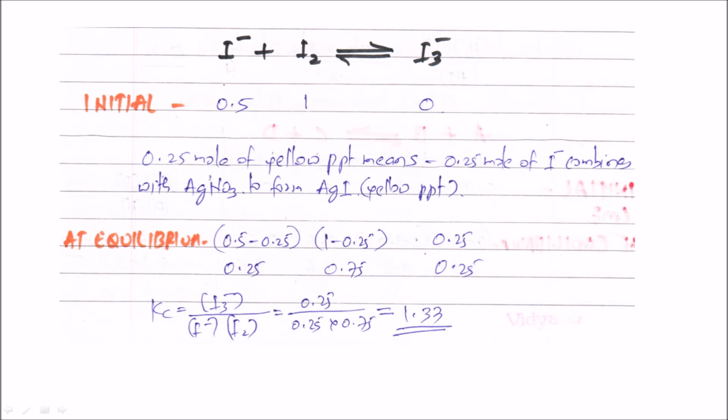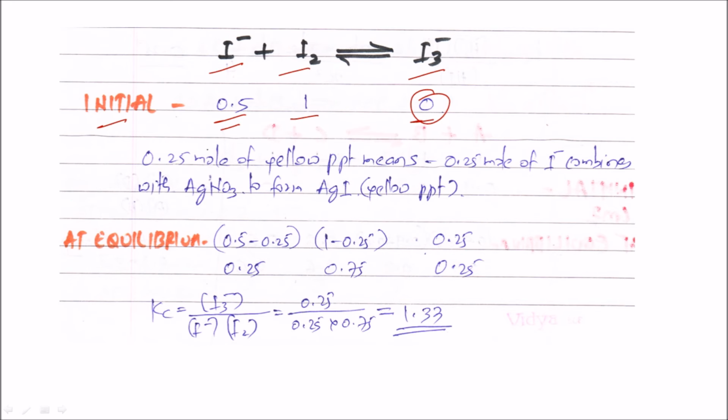First we take the equilibrium, again I minus plus I2 giving I3 minus. Now the initial values are also given right there. We have 0.5 mole of I minus and 1 mole of I2. Sorry, this is initial, right? There is no formation of I3 minus, so it will be taken as 0.